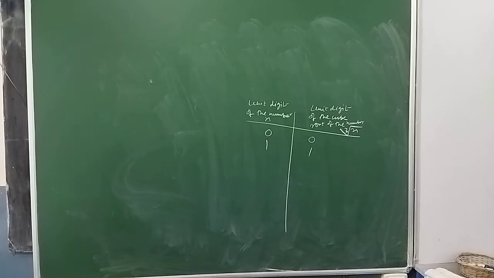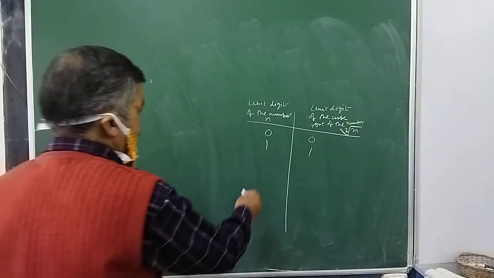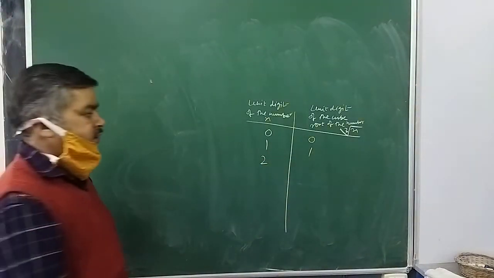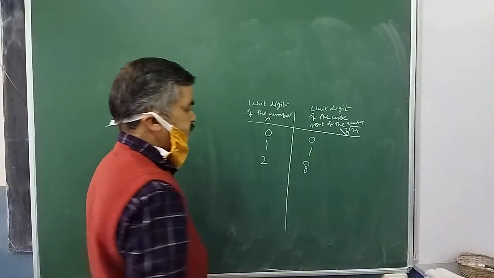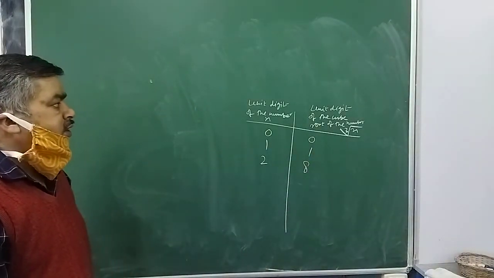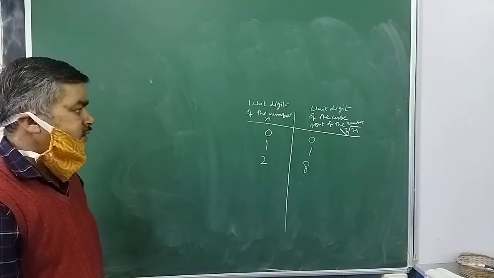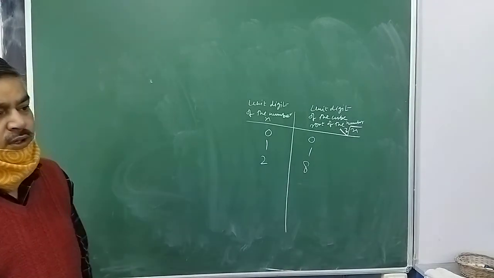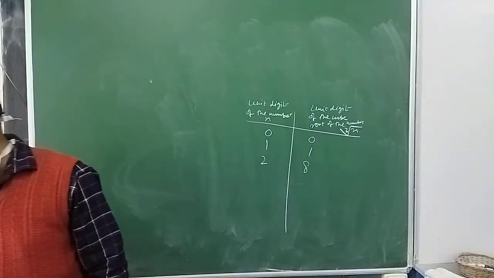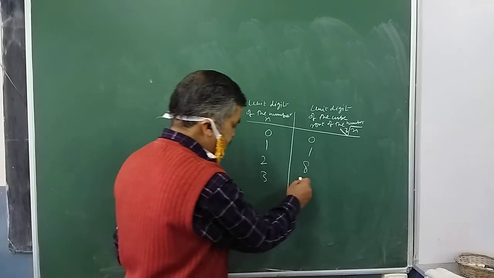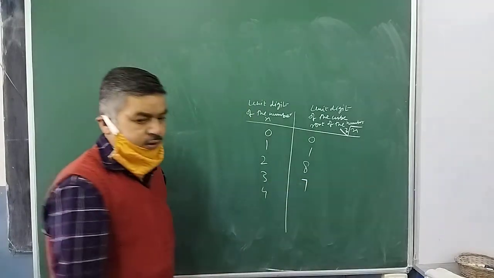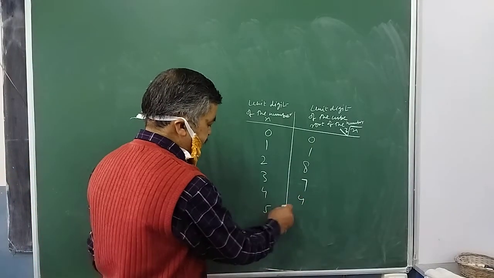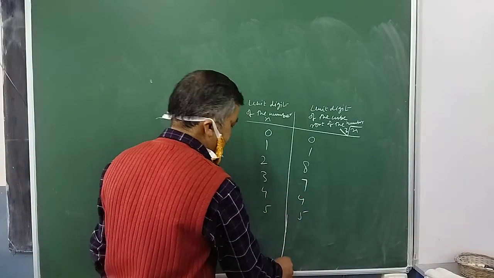Then for 2, 2 into 2 into 2 is 8. So the unit digit of the number n is 2, and the cube root's unit place digit will be 8. Similarly for 3, it will be 7. For 4, it will remain 4. For 5, 5 into 5 into 5, again 5.